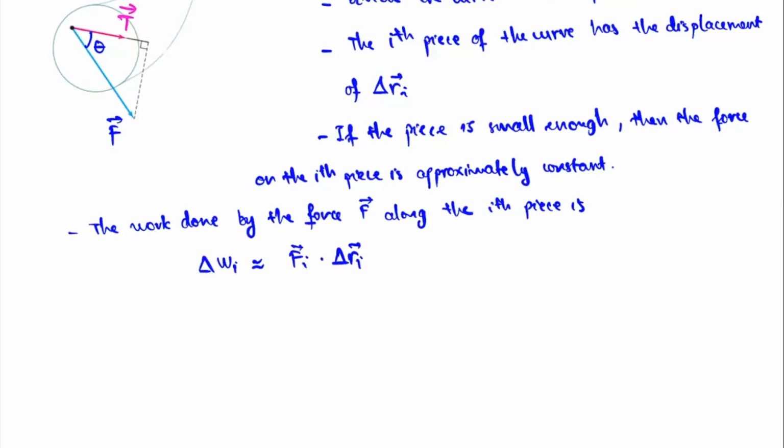So this is just one piece along the curve, and you use the dot product.